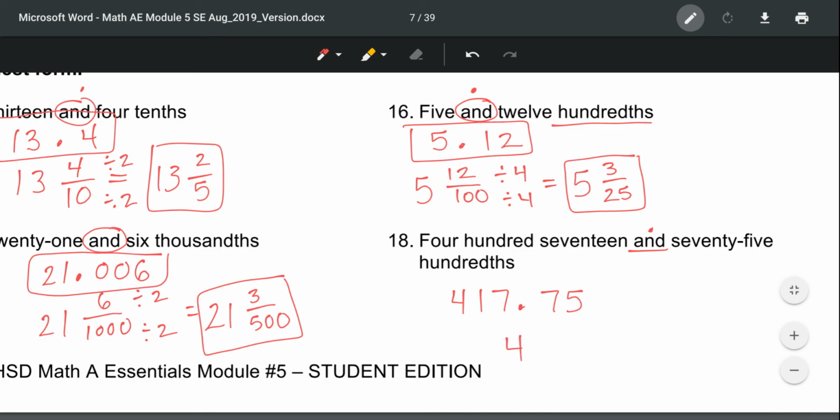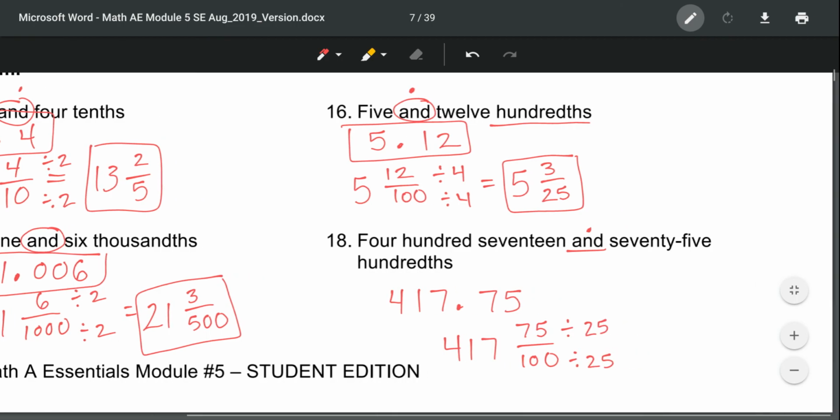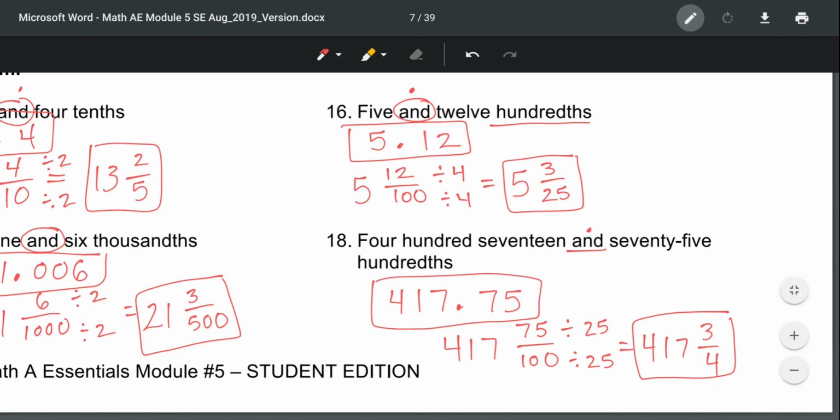So 417 and 75 hundredths means 75 out of 100. So you can reduce this fraction, divide the numerator and denominator by 25. So you get 417 and 3/4. So 417 and 75 hundredths is equivalent to 417 and 3/4.